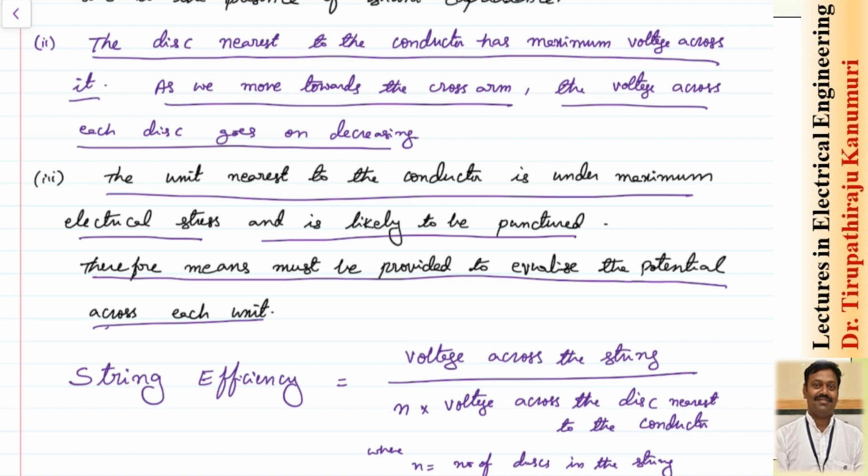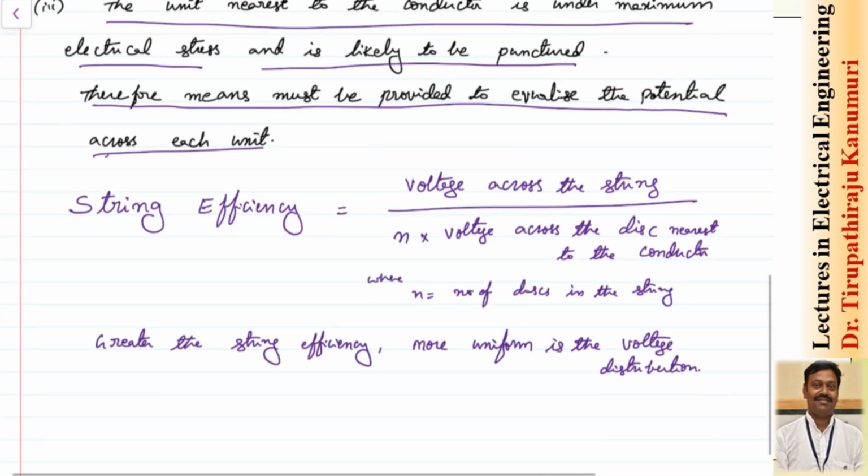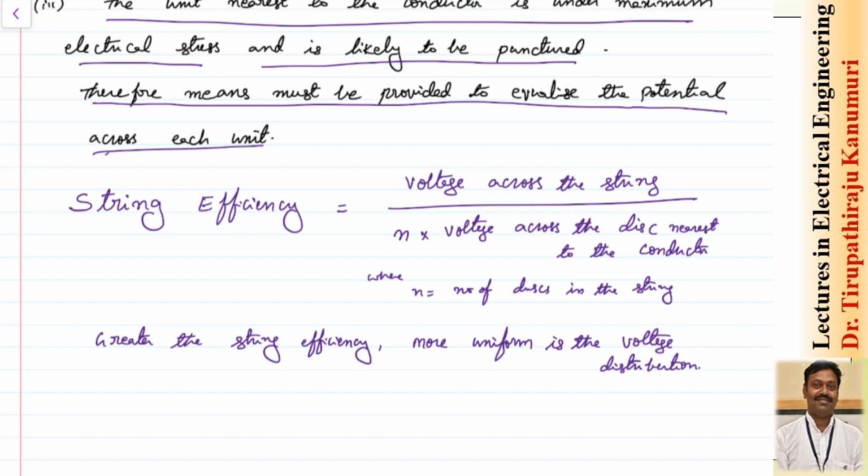So, one option is you design your insulators in such a way that they can withstand the highest value of the voltage. If you are designing for the highest value of the voltage, each disc is not utilized properly. The extent to which the disc is utilized is given by the term string efficiency. String efficiency is the ratio of the voltage across the string, that is your supply voltage or the phase voltage, divided by n times the voltage across the disc near to the conductor, where n is the number of discs in the string.